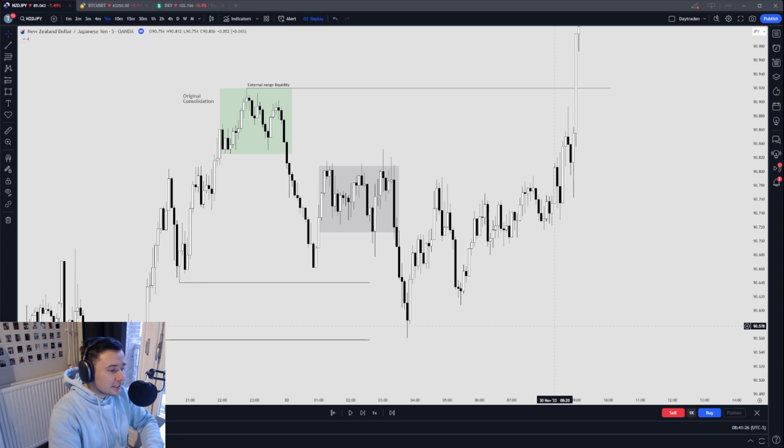And when you take a look at the chart, you can see that we indeed have a market maker buy model. We have the original consolidation right over here. We are going into the sell side of the curve, having the accumulation right over here. We dipped into the 1 hour FVG and we went into the buy side of the curve, afterwards reaching our target of the 1 hour time frame.